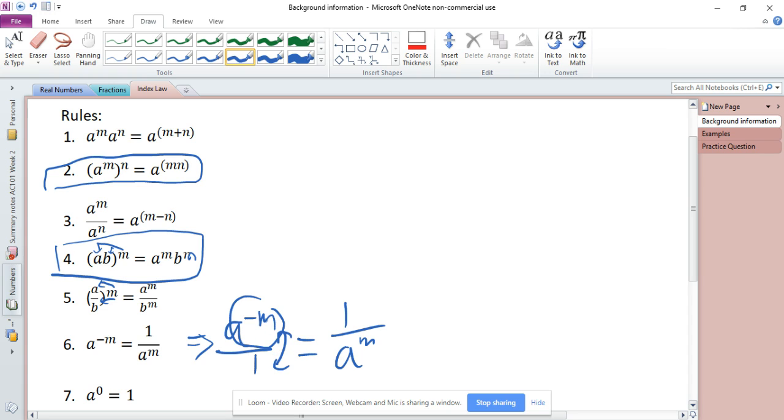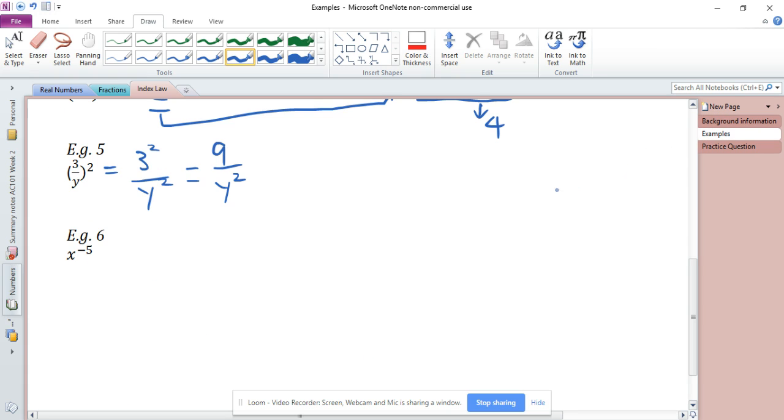Because here it is on the top, I swap it to the bottom, then it will become positive power. Same case here. If I want to make positive power, here is nothing more than x power of minus 5 divided by 1. I put the whole thing to the bottom, so the sign will become positive instead of negative. That's it.